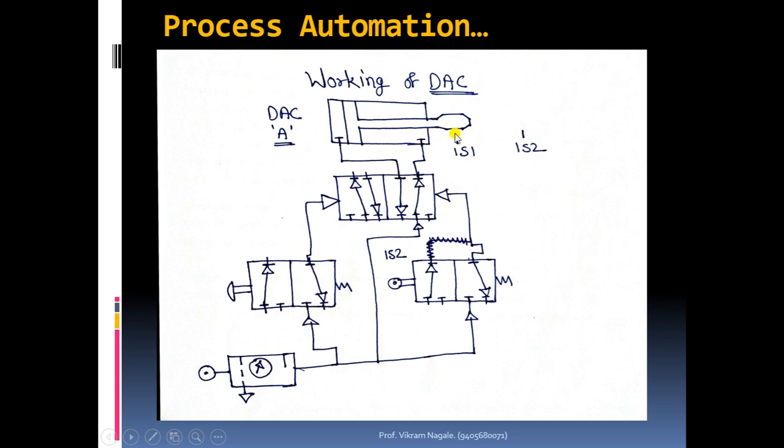Because of this, extension will happen. Once this block is in connection with the cylinder, if you release this push button, there won't be any effect on the status of the valve. Why? Because the valve we have considered here is double sided.